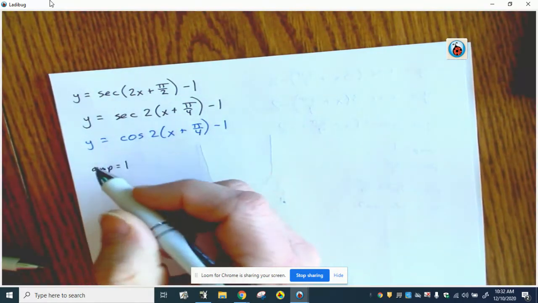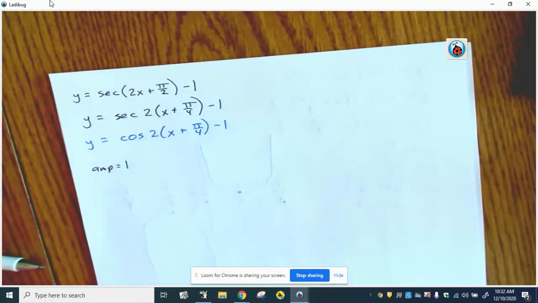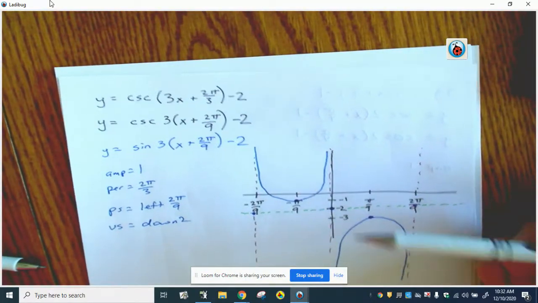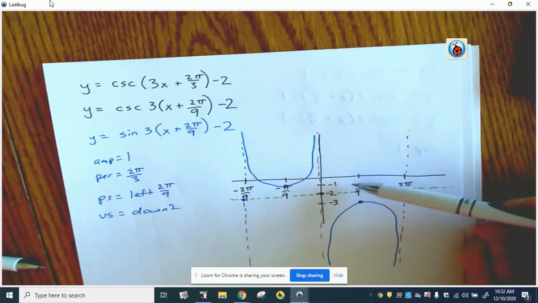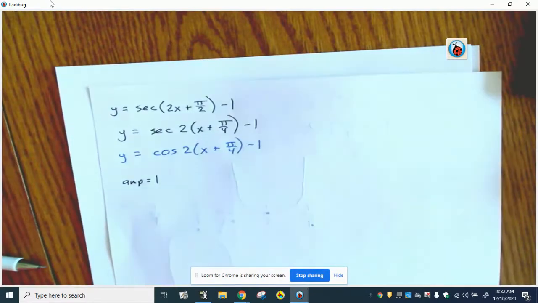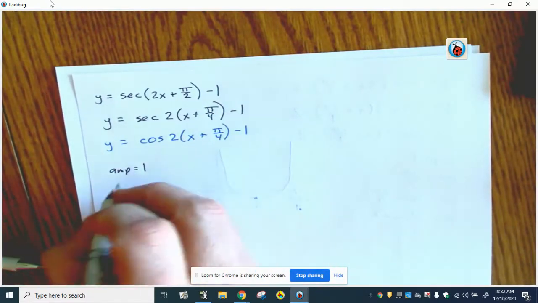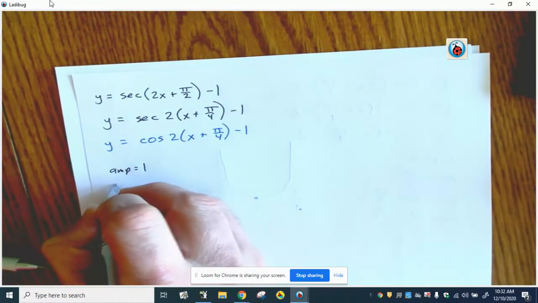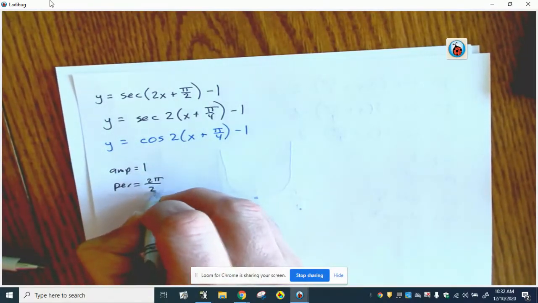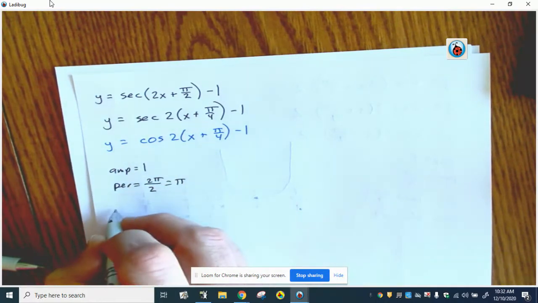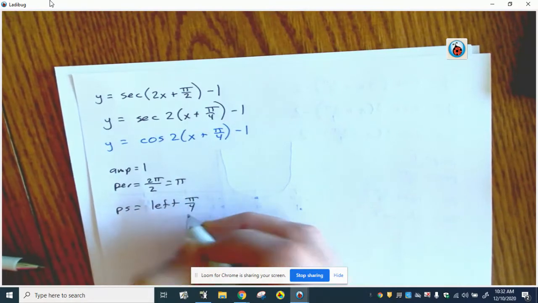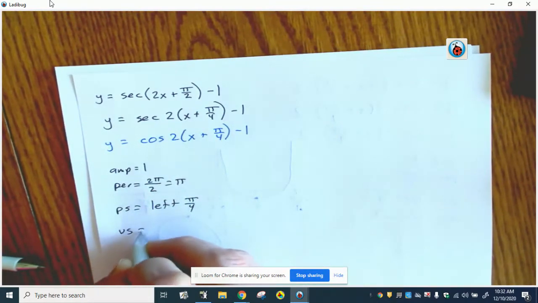Now, there is no amplitude technically to the cosecant and secant graphs because there's no max and no min. But what the amplitude basically, again, gives us is it gives us that gap. Okay? So the gap is going to be 1, up and down 1. Our period is 2 pi divided by the b, which in this case is 2, so that's 1 pi. Phase shift would be left, pi over 4. Vertical shift, down 1.